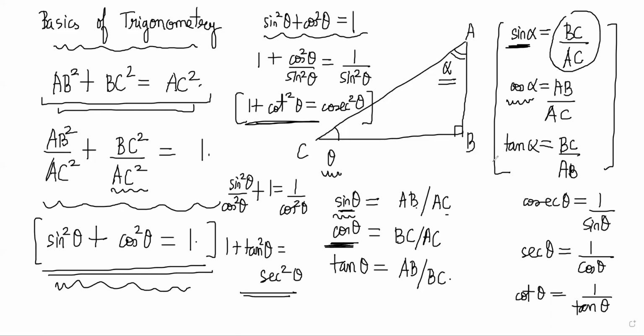So what we are getting basically is sine alpha is cos theta, cos alpha is sine theta, which means alpha and theta were what kind of angles? Alpha and theta are called complementary angles, right? Because alpha plus theta is 90 degrees, right?